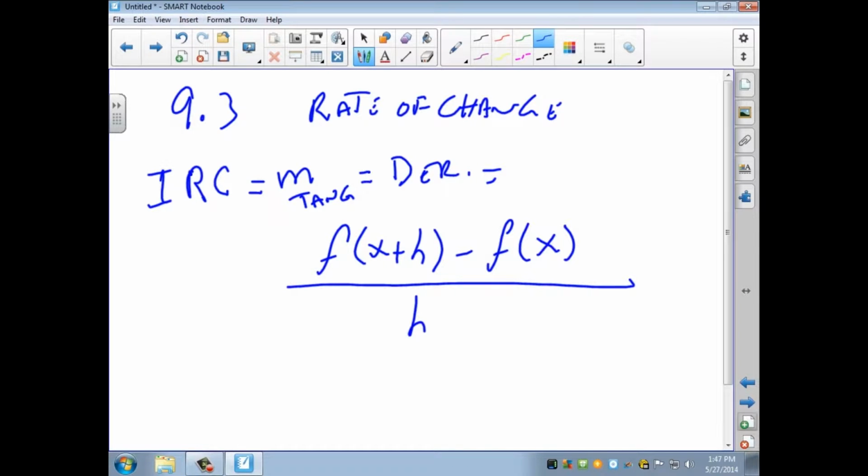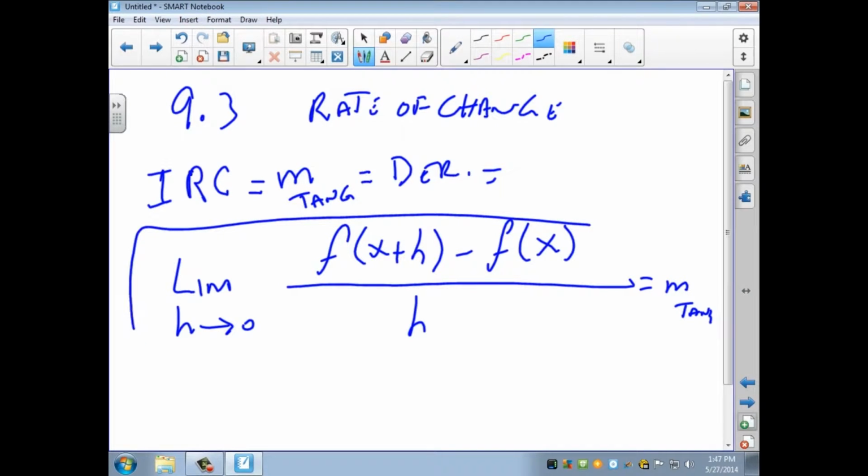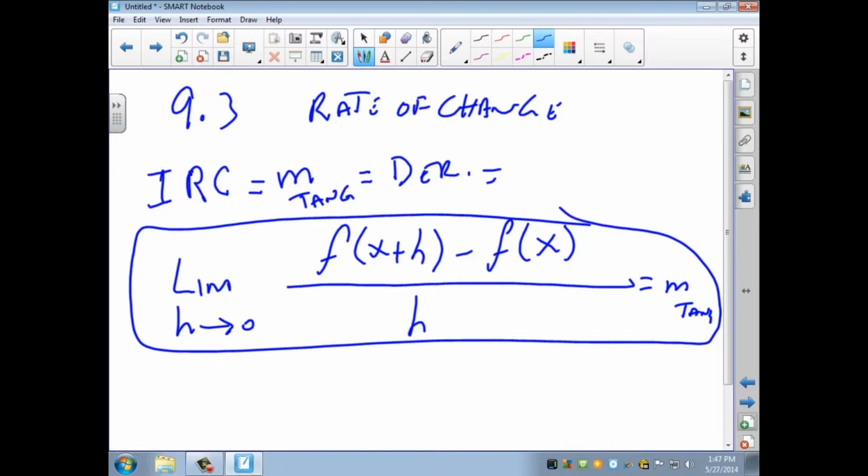You take the limit of this whole thing and drive h toward 0. So this would become the slope of a tangent line, which is also the same as the derivative or the rate of change.